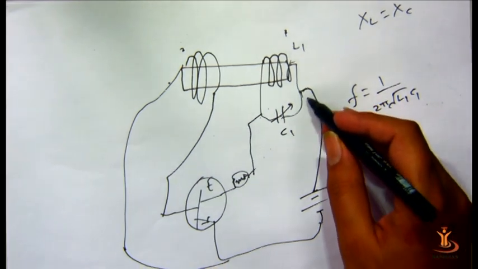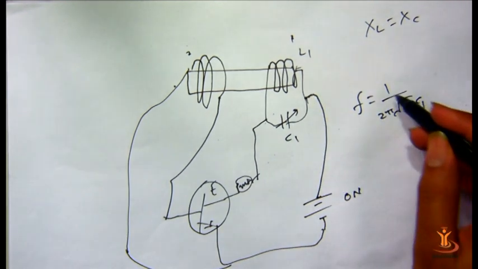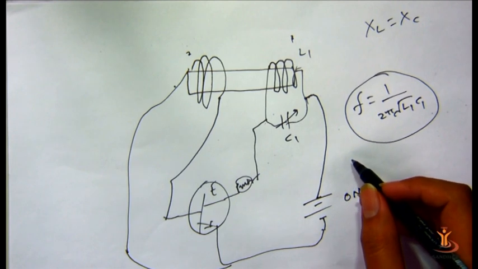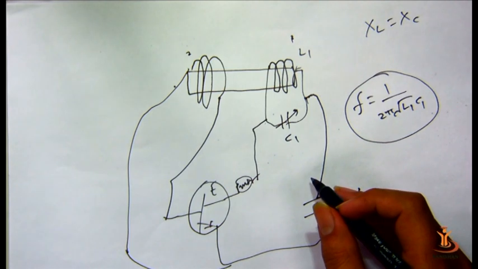Further, this connection is directed to the L1C1 circuit. So the frequency, that is 1 upon 2 pi root L1C1, is generated by the L1C1 network.